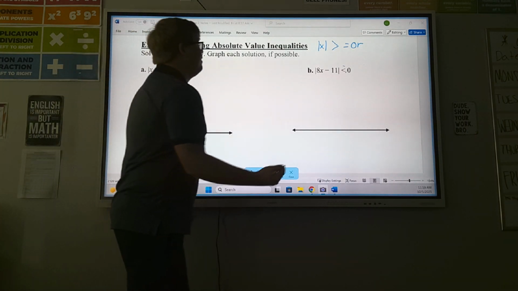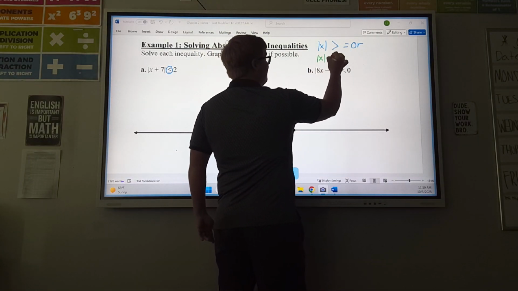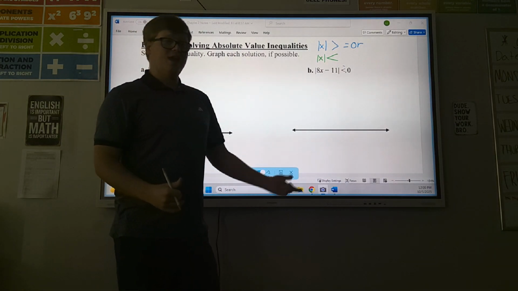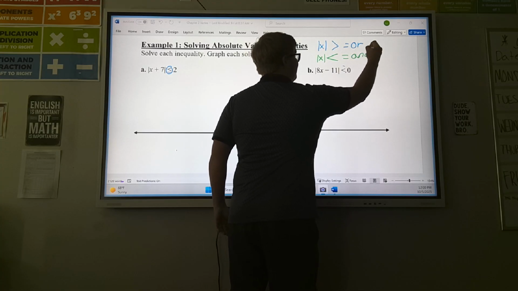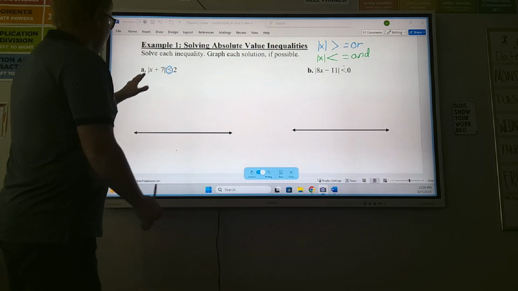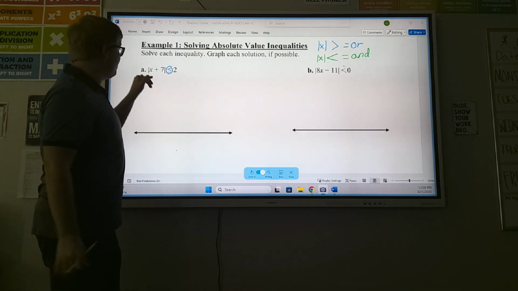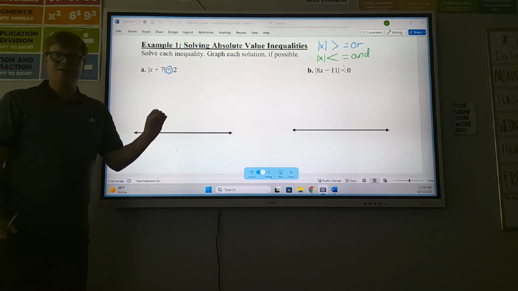Now the opposite. If we have an absolute value and the sign is eating away, or our absolute value is less than, automatically we know this is an and compound inequality. Those are the two differences. So here, our sign is eating the number, or it's telling us our absolute value is less than.